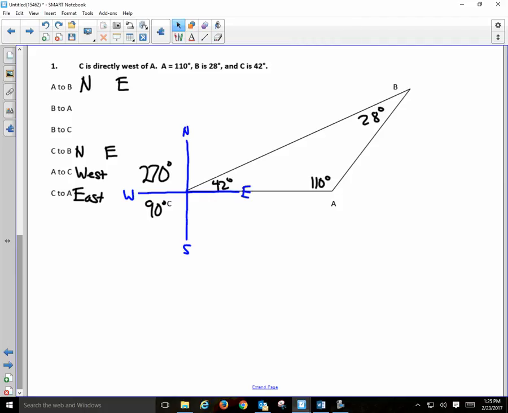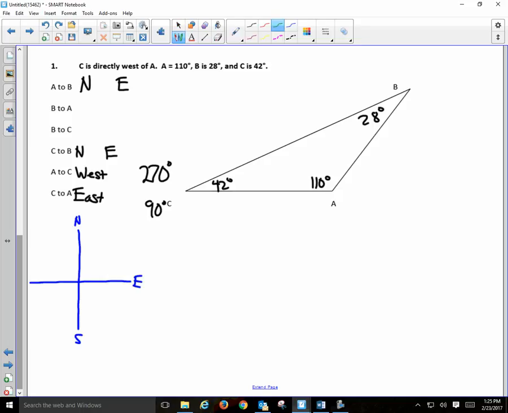Here's what's kind of difficult for people to figure out. How many degrees do we travel to get from C to B? You know it's somewhere between 0 and 90, right? And depending on where we're sitting, it's more complicated to figure out. If you're able to do it a different way, that's fine. But just about everybody, I teach you to start drawing in these horizontal and vertical grid lines.